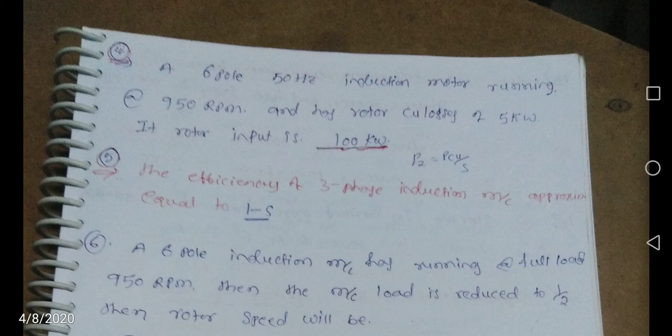If you want the rotor input power, divide the copper losses by the slip, here 0.05. Copper losses are 5 kilowatt, 5 by 0.05, gives 100 kilowatt.